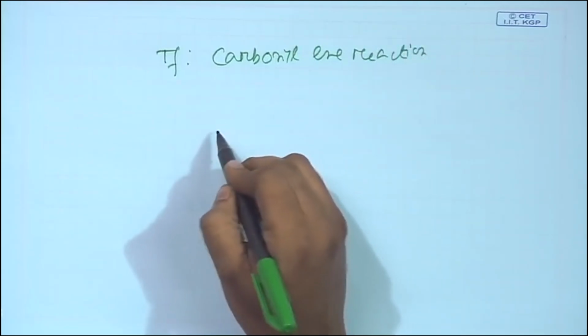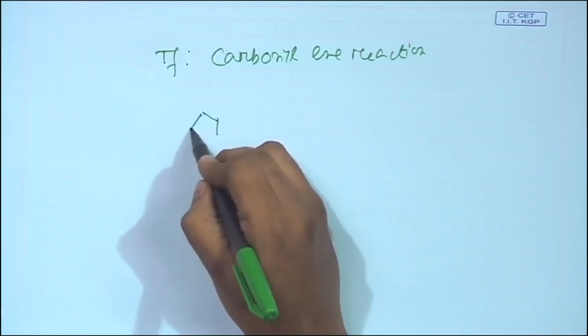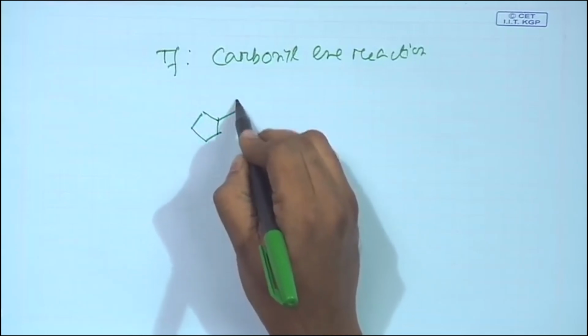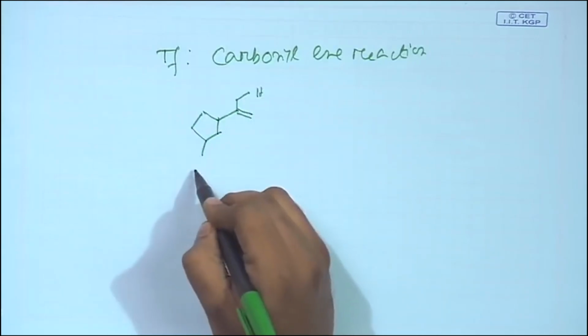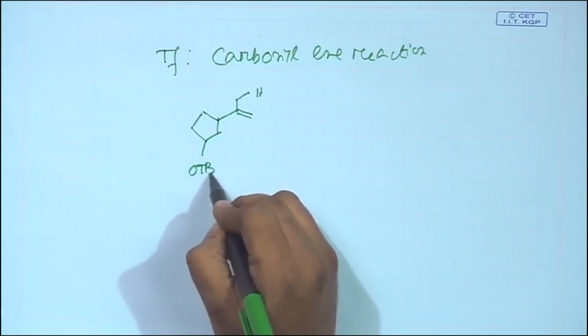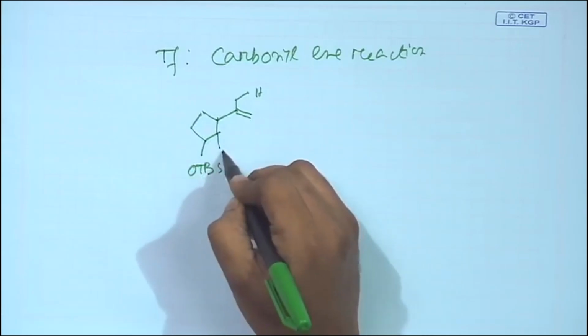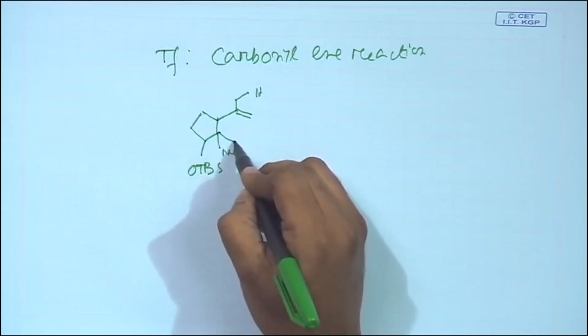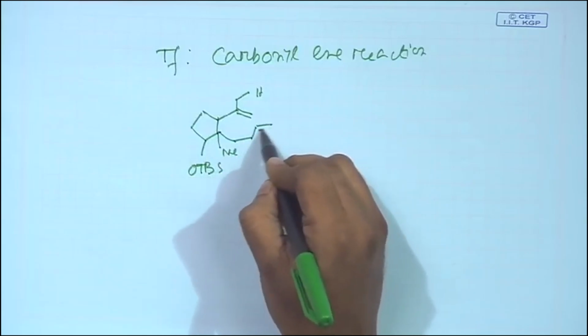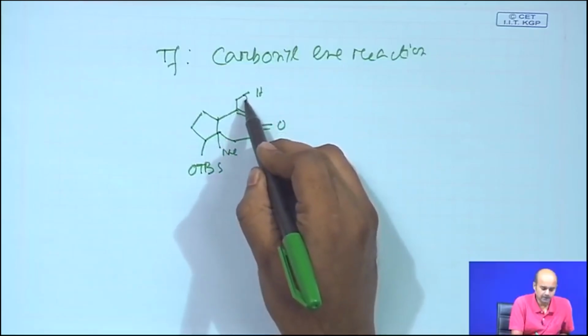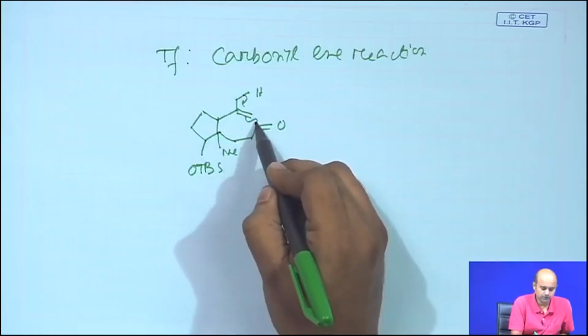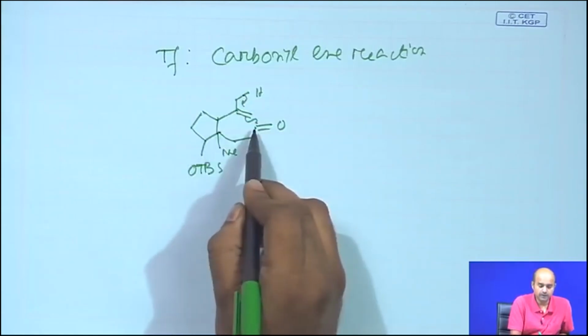The carbonyl ene reaction, as we explained earlier, is basically a hydrogen shifting from one end of the molecule to another end when you have an enophile. So, this is the ene, this is the enophile, and then this undergoes these steps to give you the 7-member ring.